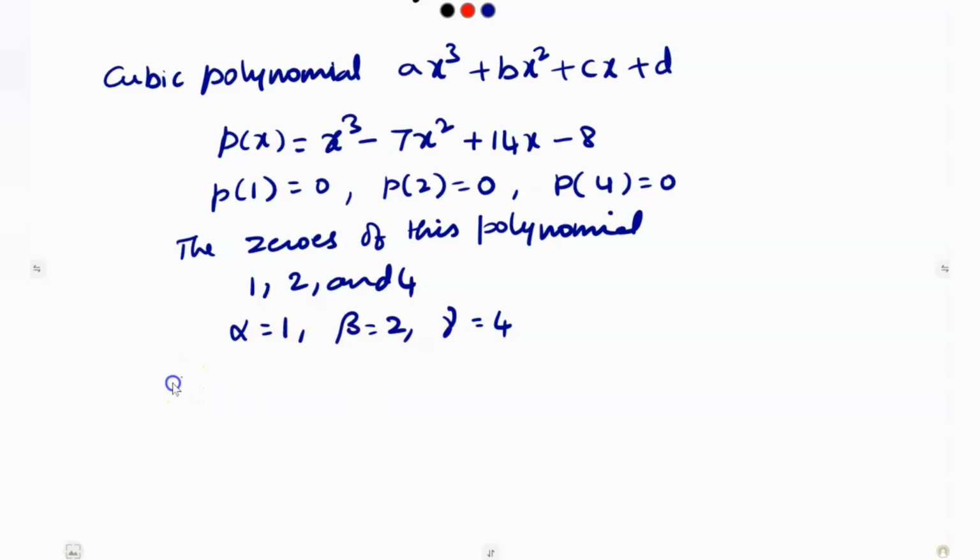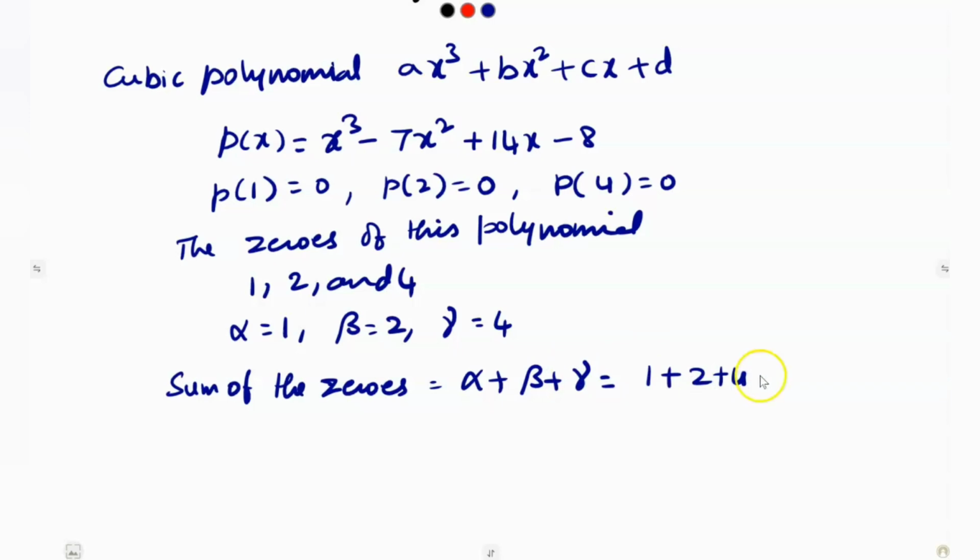Now we are going to find the sum of the roots, I mean the sum of the zeros. It is alpha plus beta plus gamma, which is 1 plus 2 plus 4, which is equal to 7, which I can write as minus of minus 7 by 1. Why, I'll tell you.